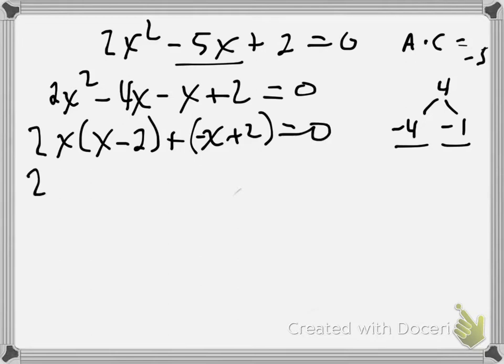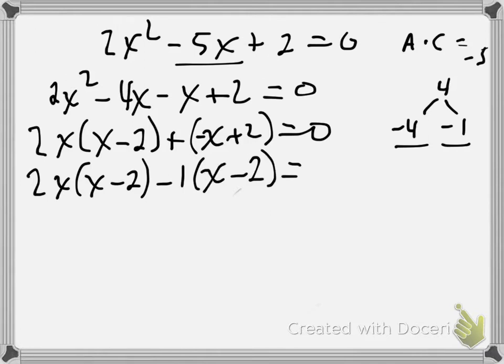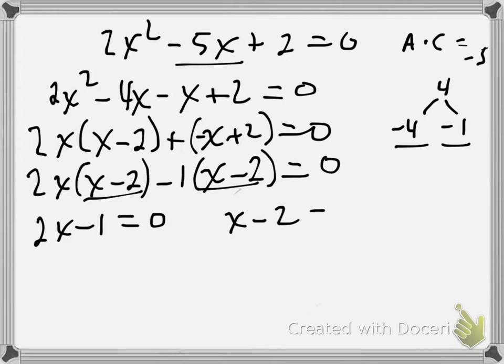So I have 2x times x minus 2 here. Factor out a negative 1. Make sure you did this right. These match up. Now you set what's outside the parentheses equal to 0. So 2x minus 1 equals 0, and x minus 2 equals 0. So x equals a half, and x equaling 2.